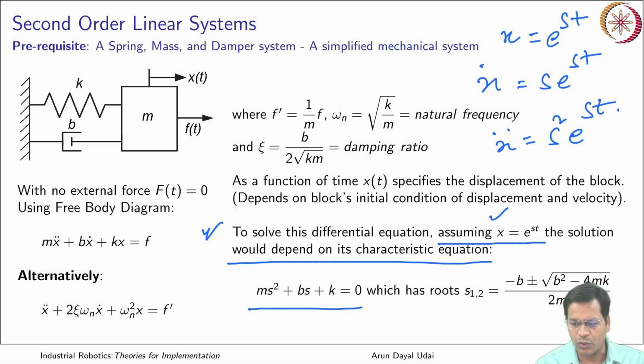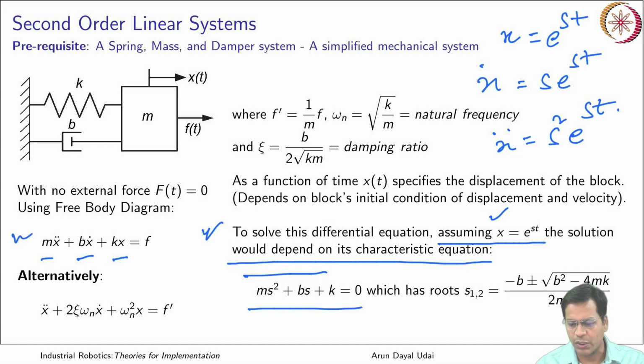So if you substitute all these into this, x double dot, x dot and x, you can take e to the power st common out here and you are left with m s square plus b s plus k. What is this? This is basically known as the characteristic equation of this. Okay, the characteristic equation of this.